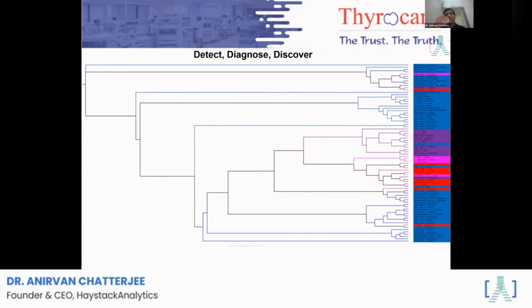When we do the whole genome sequencing of a patient today, we detect the drug resistance for that patient. We diagnose the patient with the right kind of tuberculosis that the patient has, but we also discover new mutations. The large number of mutations which we keep on analyzing at the back end provides us the ability to suggest to the system that we have found a mutation in a patient which seems to be in a drug-resistant clade, which means we don't have to wait for 6 years for a clinical study to come out and tell us that there is a new mutation which goes for drug resistance.